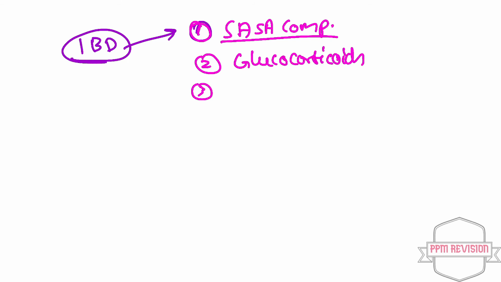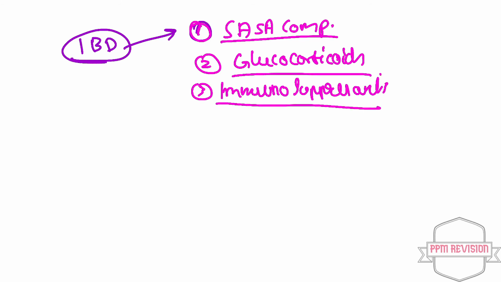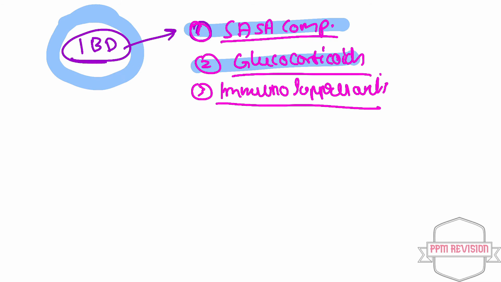Next, it has immunosuppressants. Okay, now let me just recap. 5 ASA compounds, this is in case of inflammatory bowel disease. Then there is also glucocorticoids, and then we have the immunosuppressants.